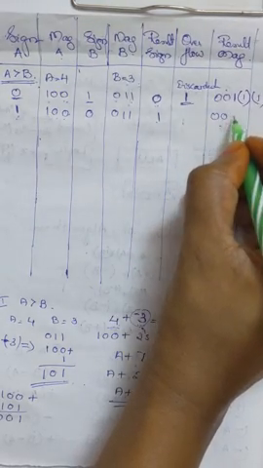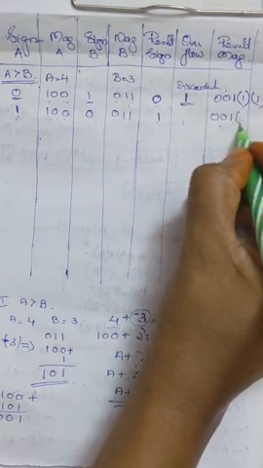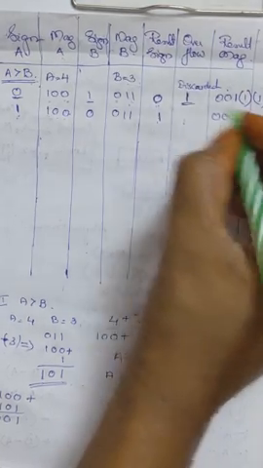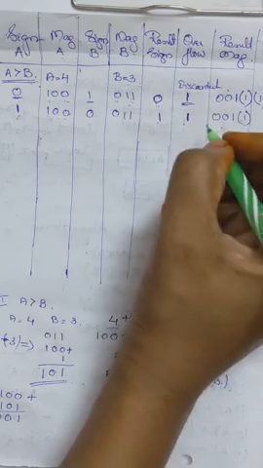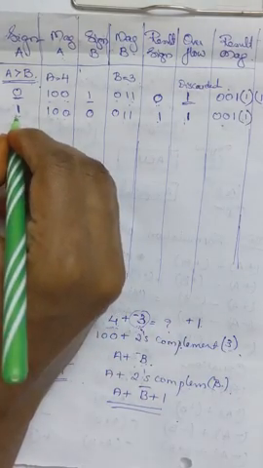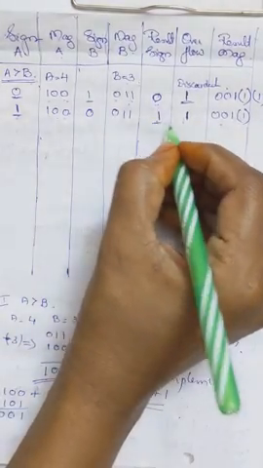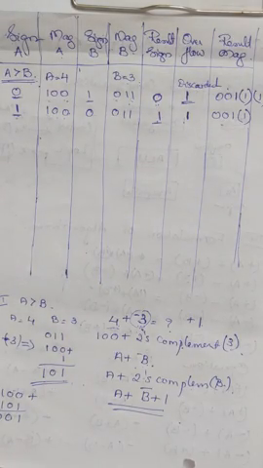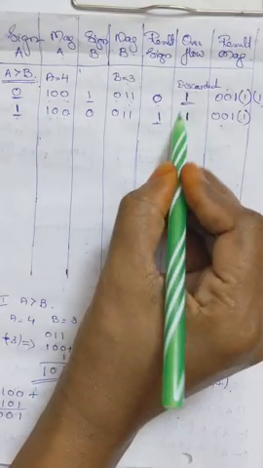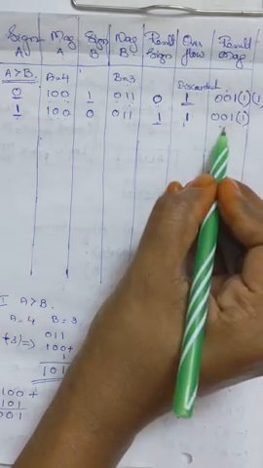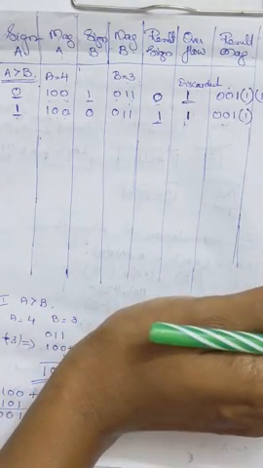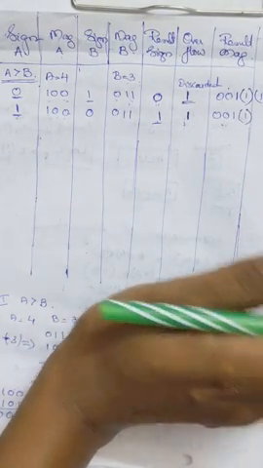It becomes 0 0 1, which means 1. Overflow is 1. Okay, here also, since A is greater than B, the sign bit of the A register will be the same as that of the result, no change. So if the overflow is 1, it indicates that the result magnitude is the true magnitude, the actual value.